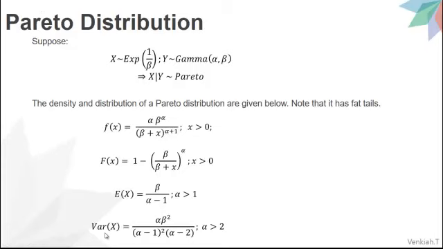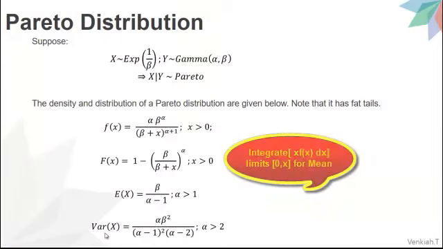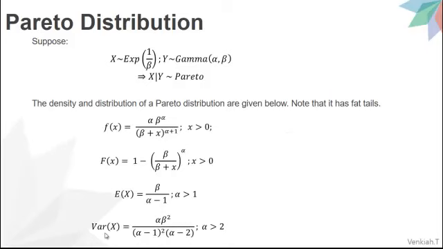Note that the Pareto distribution has fat tails. The Pareto distribution doesn't have a Laplace transform, so you derive the mean by finding the expectation of x, integrating x f(x) dx between limits 0 and x.